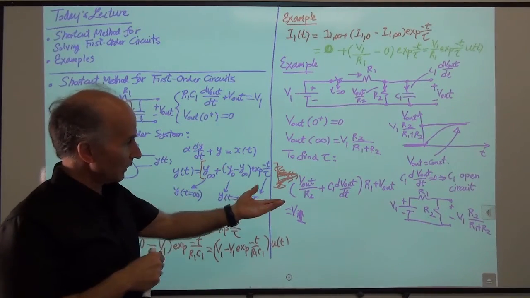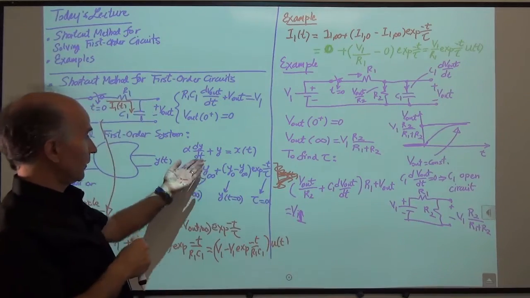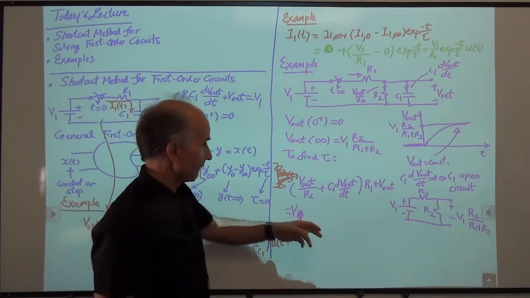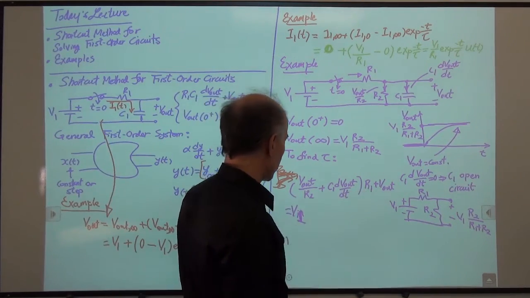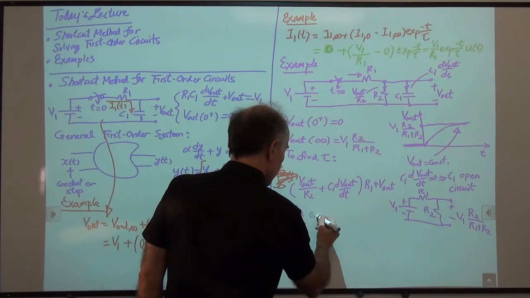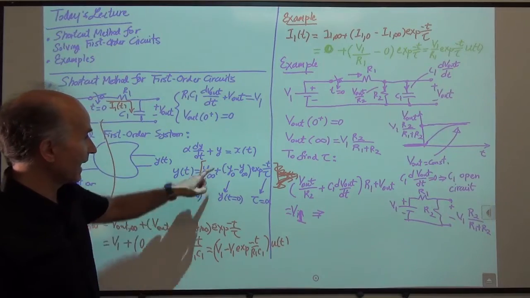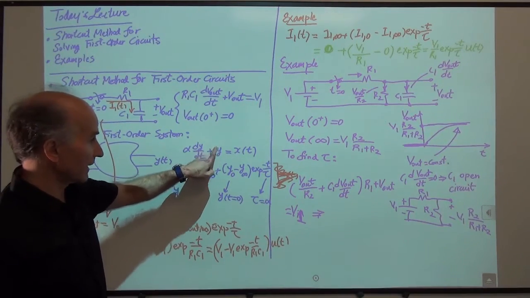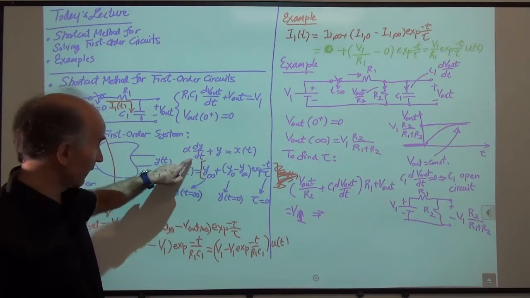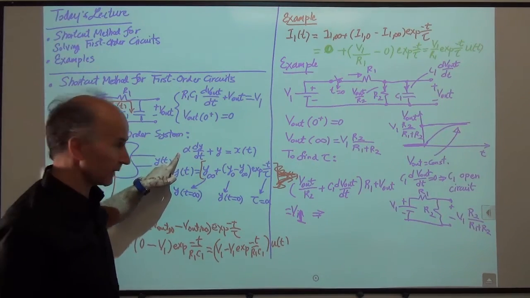Okay, so can I write this in this form? Sure. I just have to group things properly. So what we see is that, remember, our objective is to make sure that this unknown quantity has a coefficient of 1 here, right? So that this becomes the time constant.